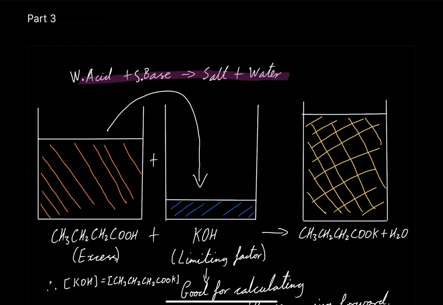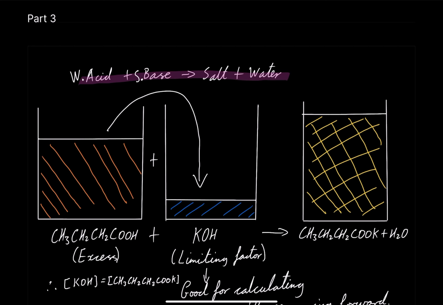You still get a salt and water, but if you change the concentrations and the volumes of acid and base, we would still have some excess acid left over, and we'll still have the salt left over.